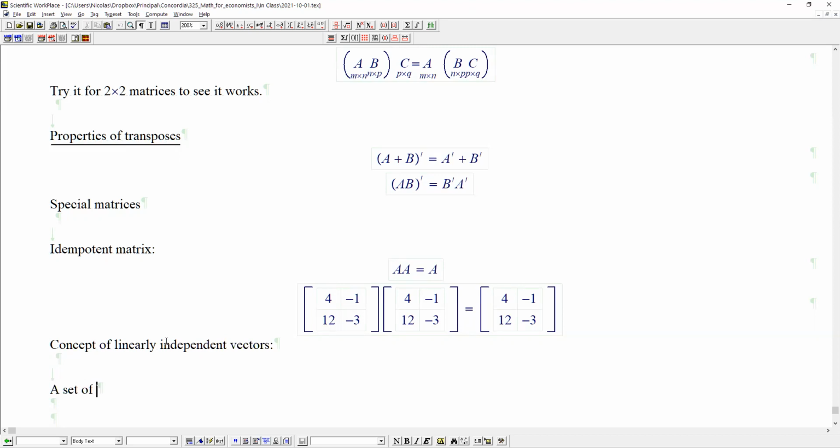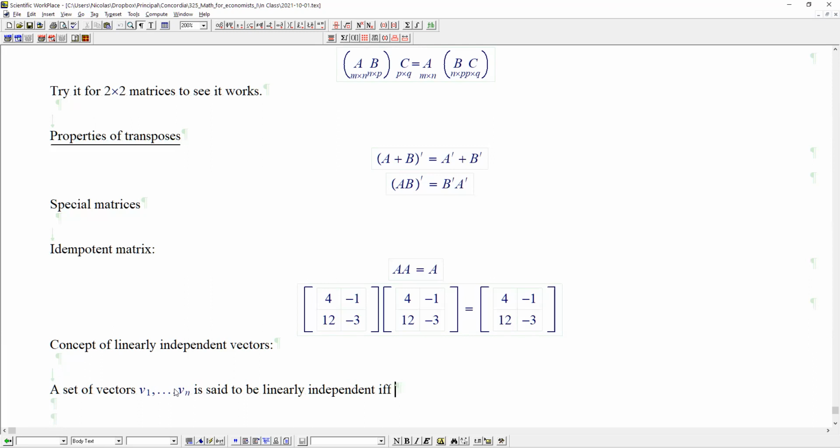A set of vectors v1 to vn is said to be linearly independent if and only if.